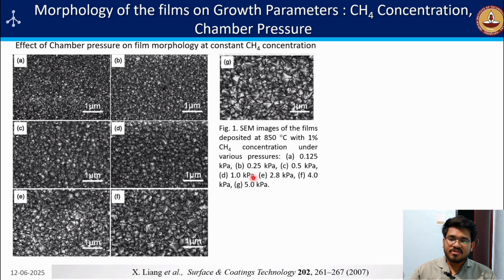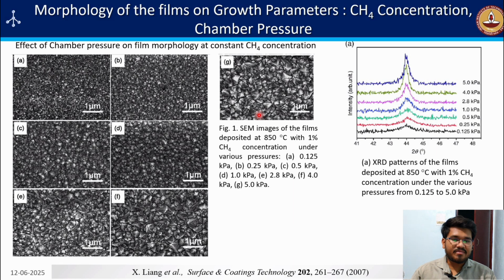Now people have also shown the effect of chamber pressure. As you can see, they have used growth pressures from 0.25 kilopascal to 5 kilopascal, and at higher pressure they have seen that the growth kinetics actually change. At higher pressure you have much higher order grains. And from the X-ray diffraction pattern, it is also clearly visible.